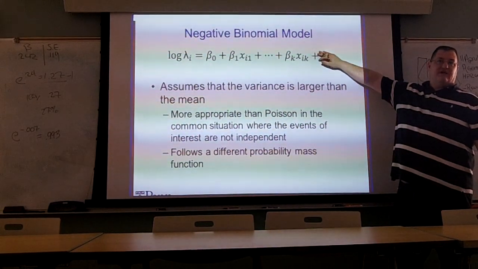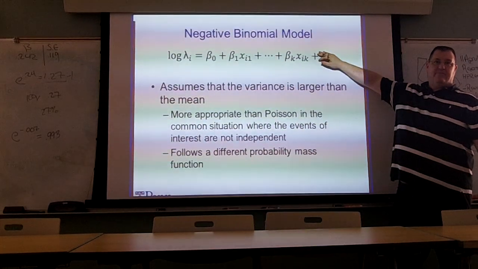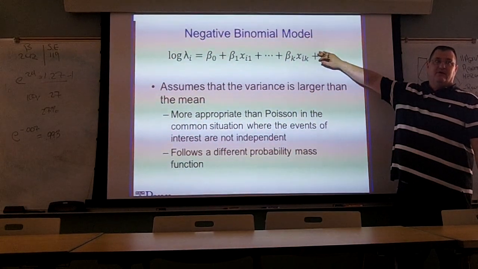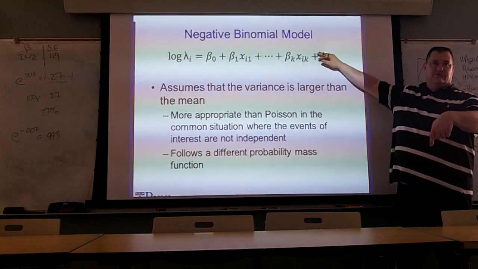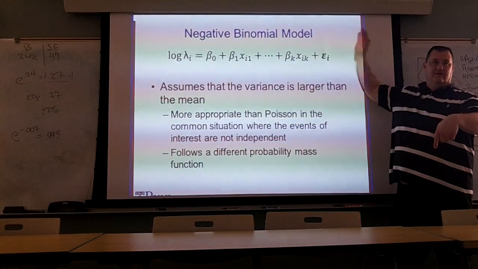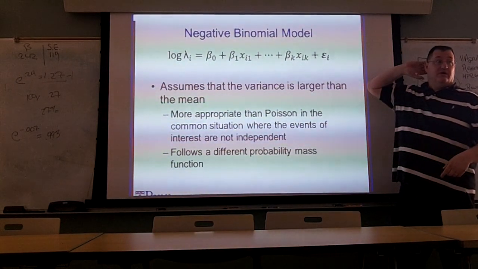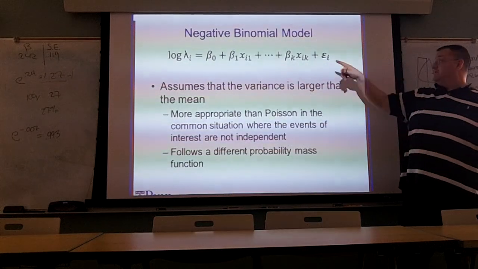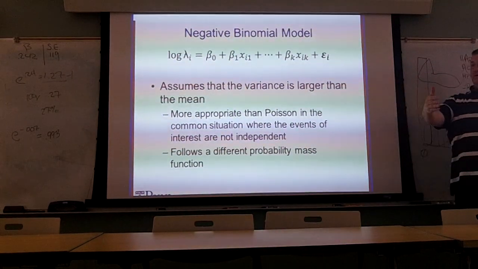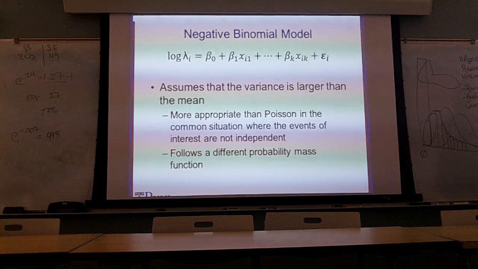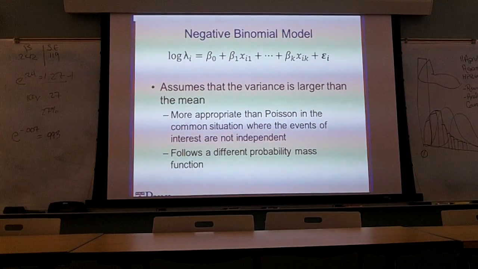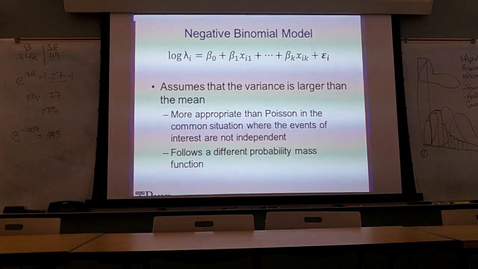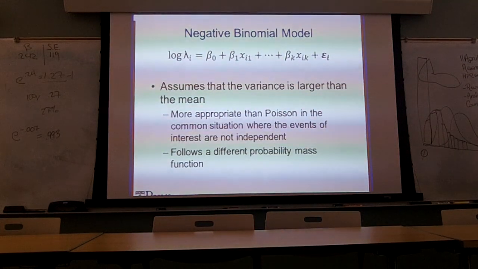What would happen if we fit a negative binomial model to data that actually fit the Poisson distribution? It would be the same. This would be 0 and would go back to a Poisson model. So why anybody would do a Poisson model is, I don't know.